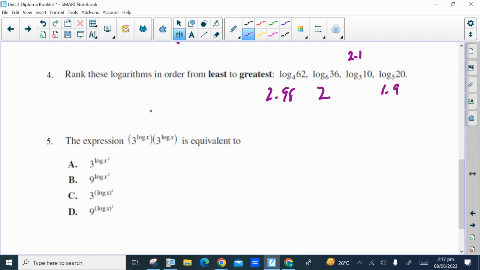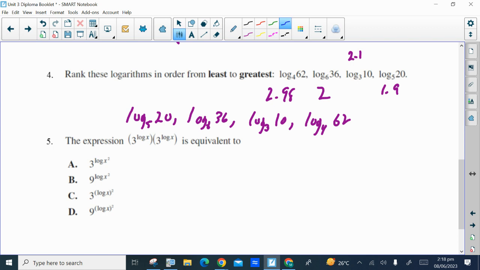So from least to greatest, it'll be log base 5 of 20, log base 6 of 36, log base 3 of 10, and log base 4 of 62. So there they are from least to greatest.